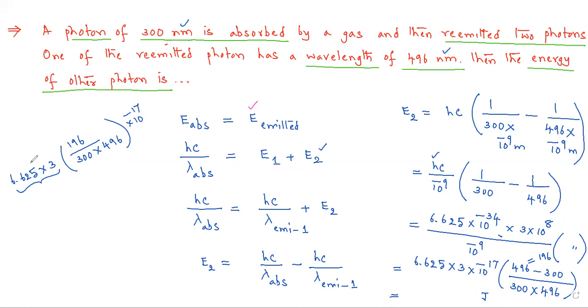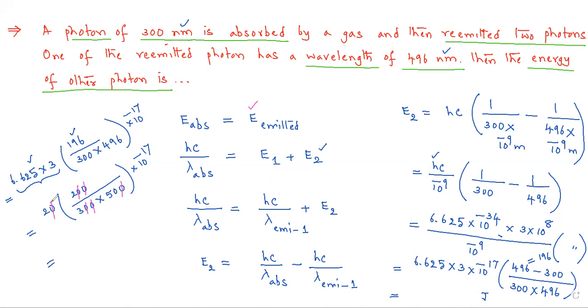So this, let me take it as 20. Even this, let me take it as 200. Then this, let me take it as 300. This, let me take it as 500 into 10 power minus 7. So let us just cancel out the things, because everything is being multiplied. Hope you are all following.